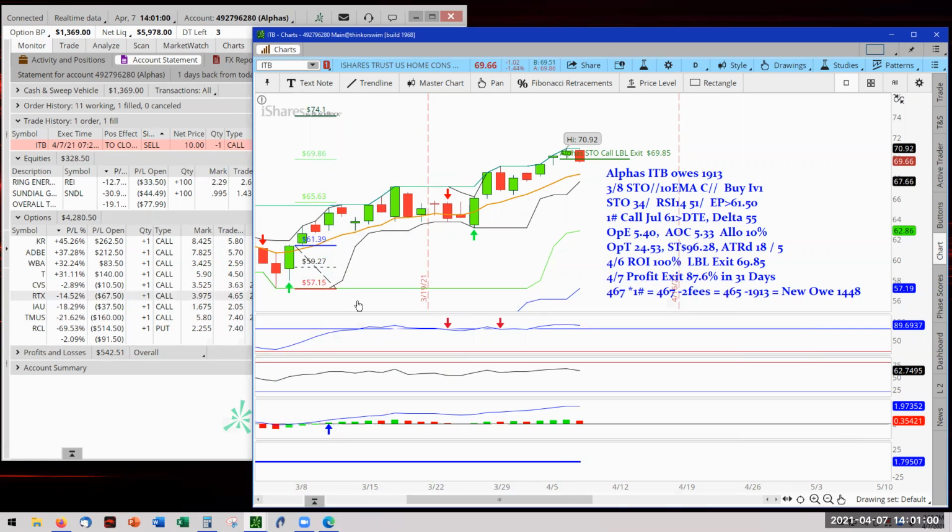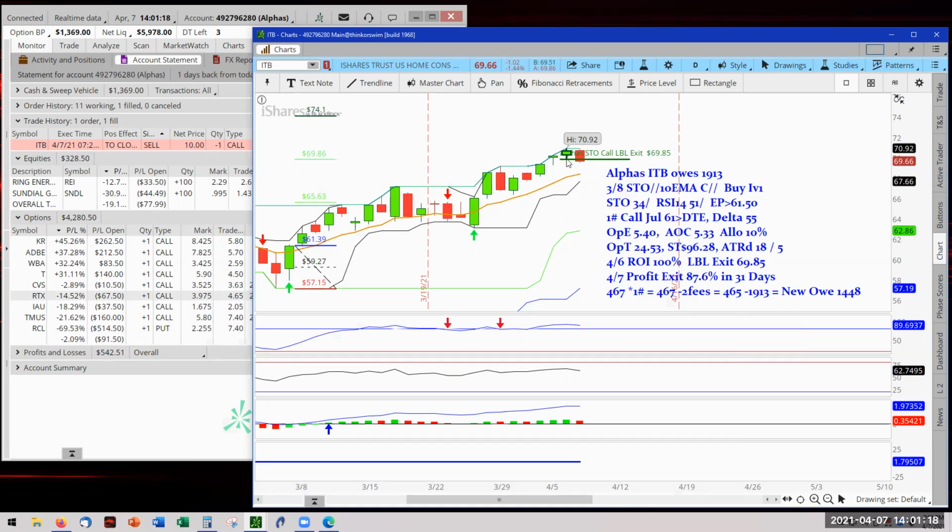So rule number 2 is that when price closes above the third ratio, we then look for a dipper low for an out, or rule number 3, ROI 100. Here we got ROI 100.